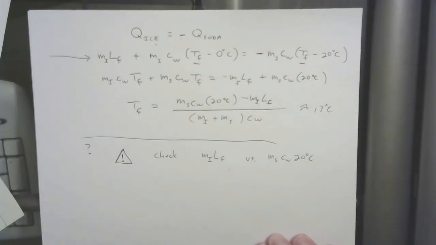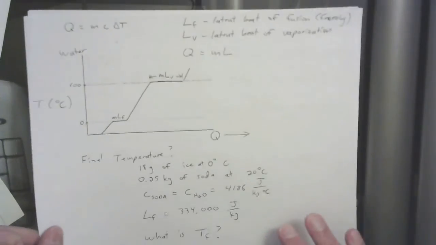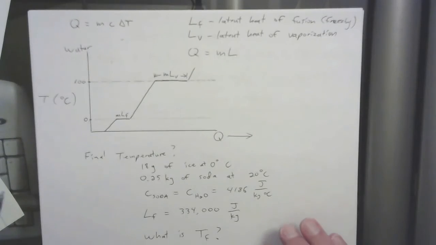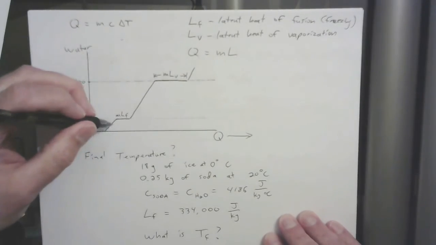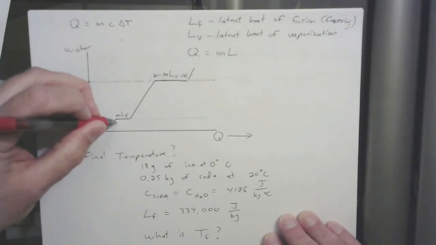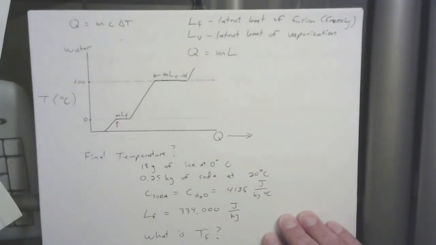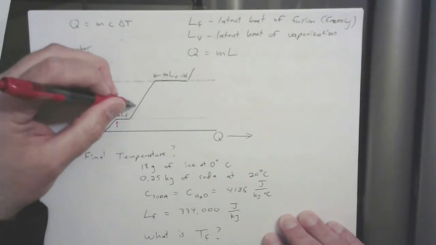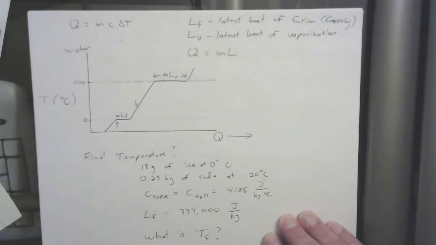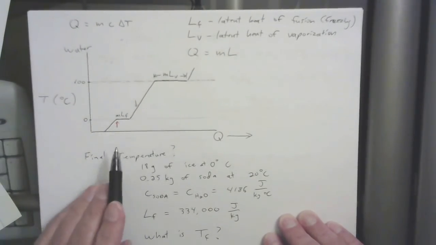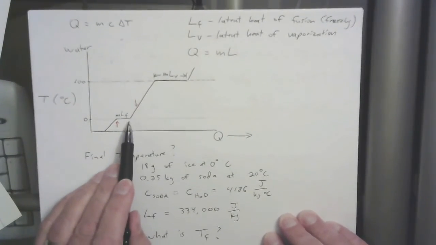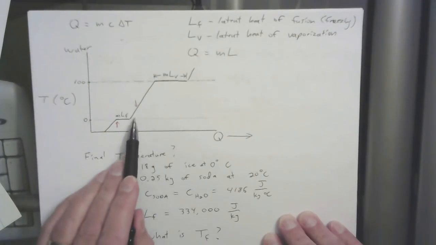So you go kind of stepwise. Let's go back a page. So if you started in this problem, we start with the ice at 0 and the soda is at 20. And the question is, how much ice and water and soda is there, and where is the balance?